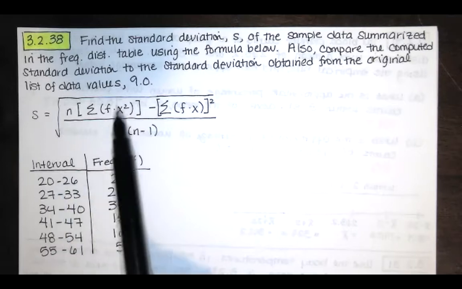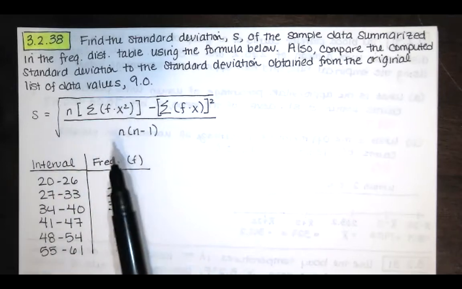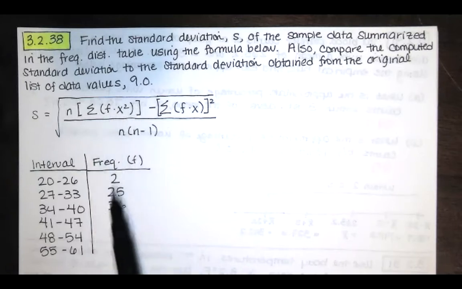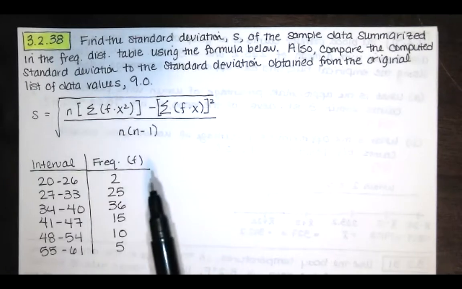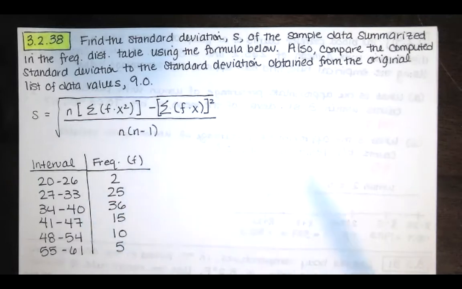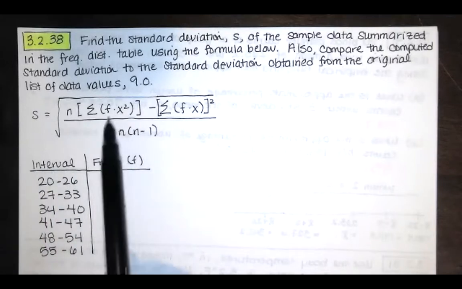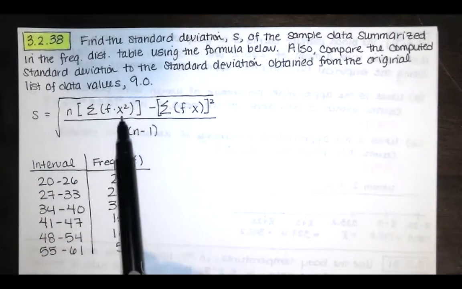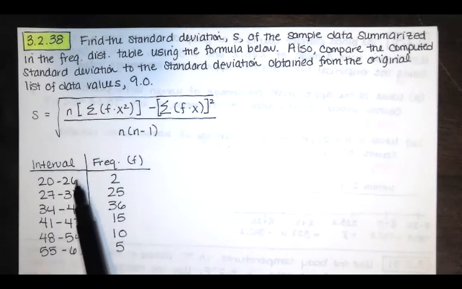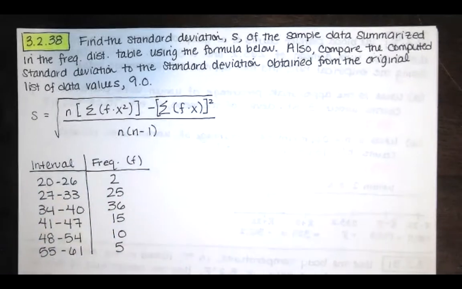Well, we're going to take all of those class midpoints and square them, and then multiply by the frequency. And that's going to be an approximation of the sum of the original list of values squared. So this is very similar to our sample standard deviation formula. We've just got frequencies here, and we're using class midpoints to replace the values that we don't have.